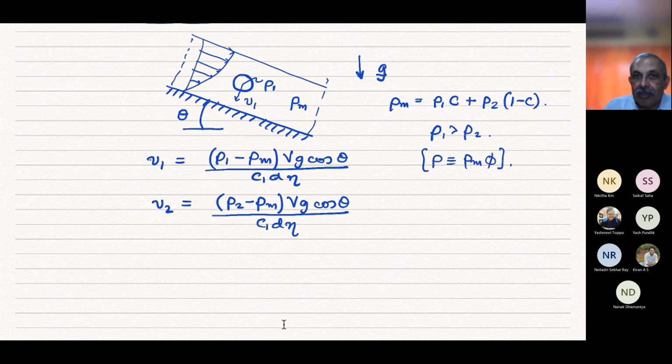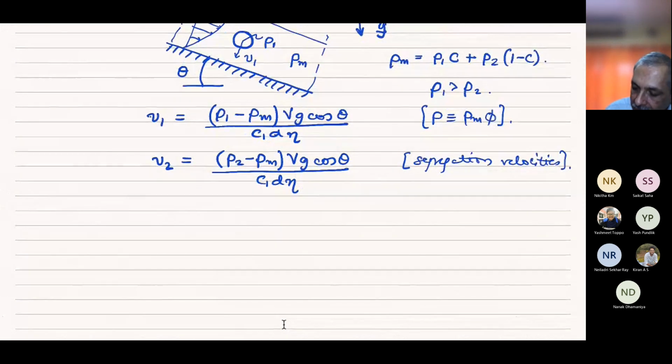So in this way we get the segregation velocities of both types of particles, and the heavy particles will sink, whereas the lighter particles will rise. And the velocities with which they sink or rise are the segregation velocities.